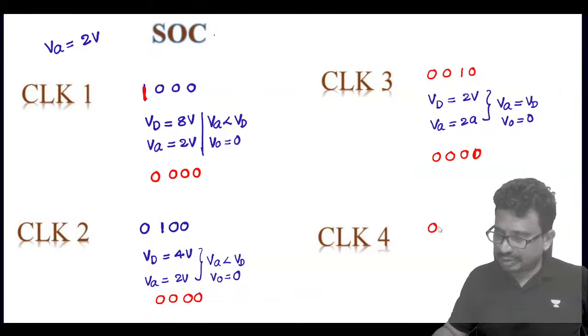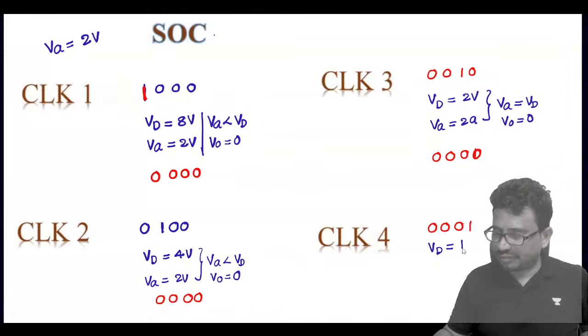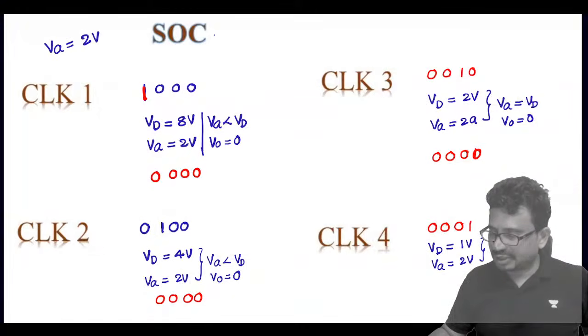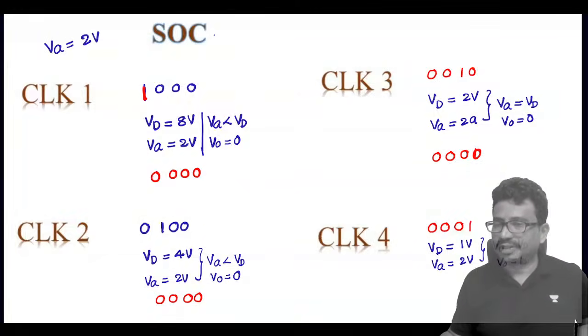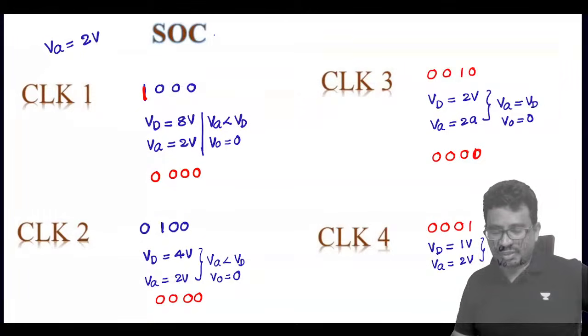Next here, 0 0 0 1. Now what is this VD value? VD value is 1 volt. VA value is 2 volts. By comparison, VA is greater than VD, so V0 will be 1.